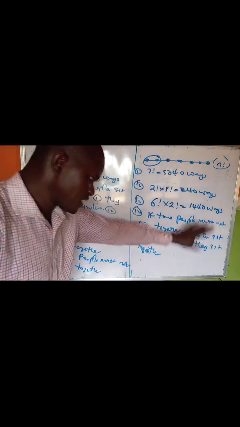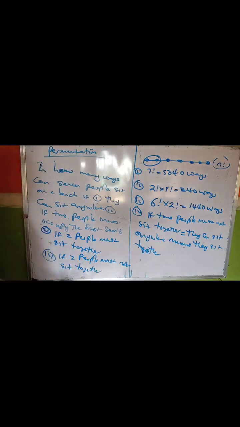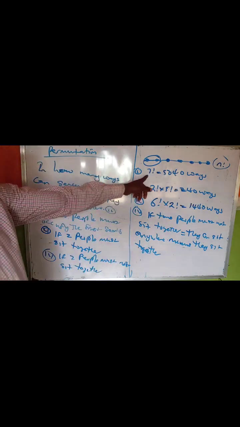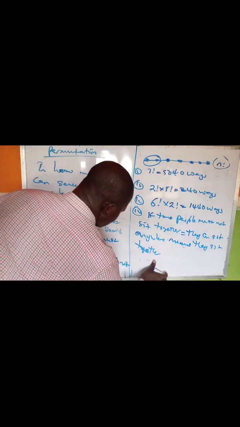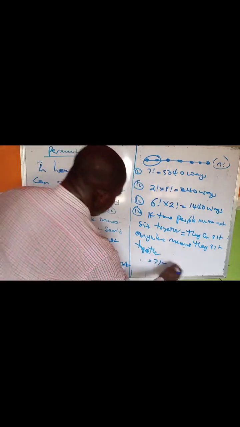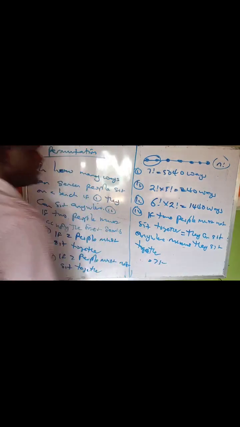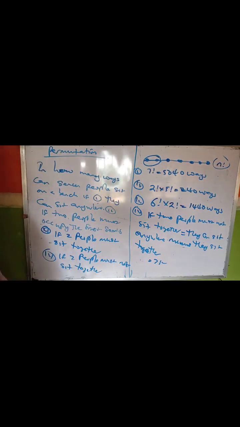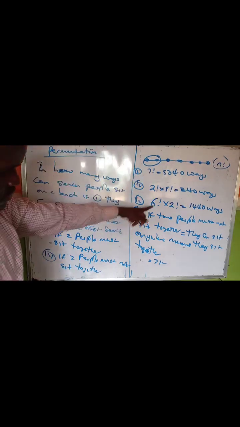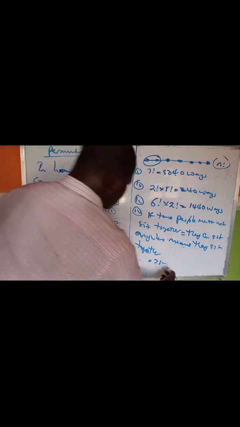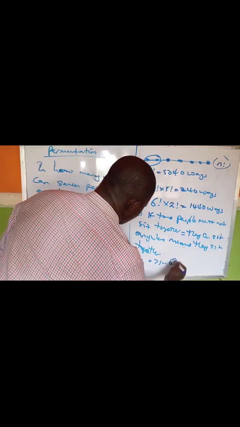So they can sit anywhere, minus they can sit together. So here you see that they can sit anywhere. That's 7 factorial minus they can sit together. Here is they can sit anywhere, minus they can sit together. So here you have it as 6 factorial times 2 factorial.